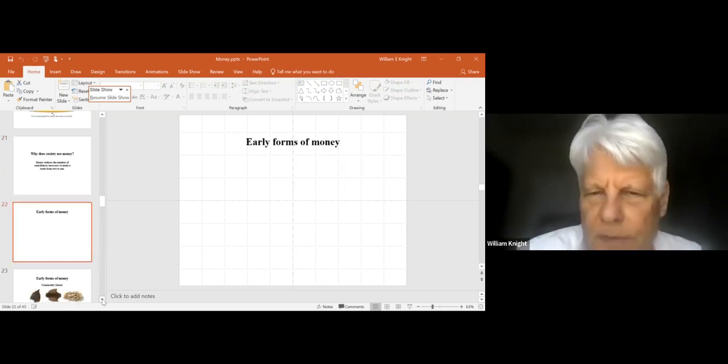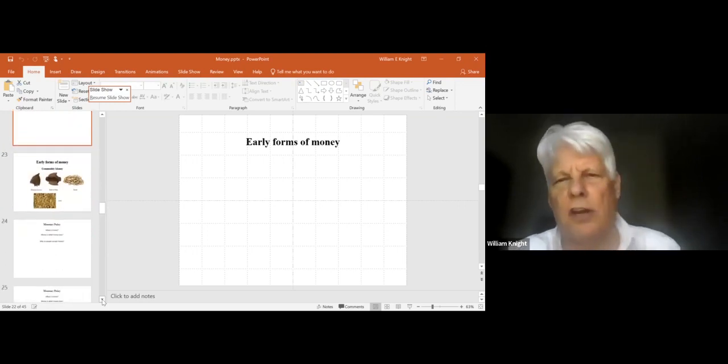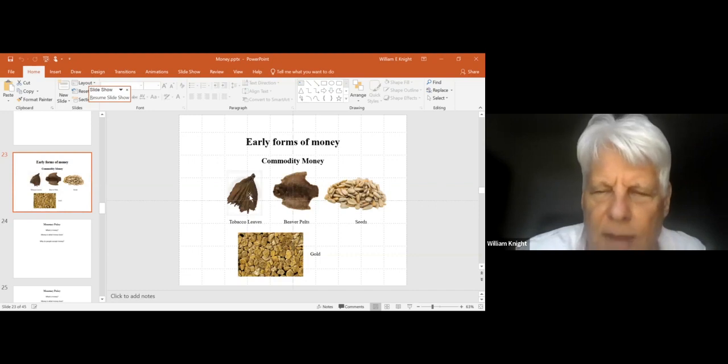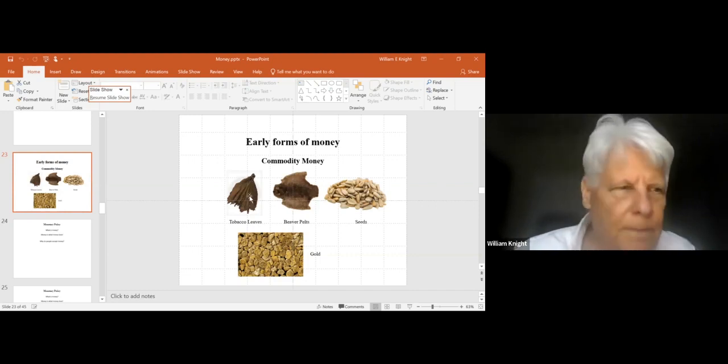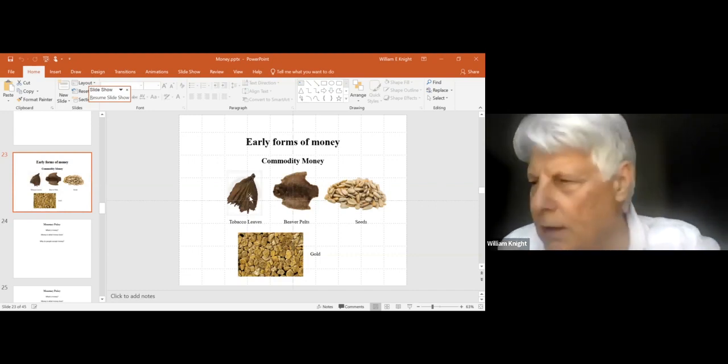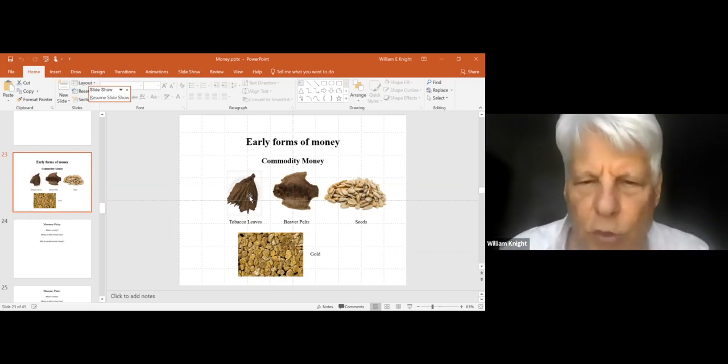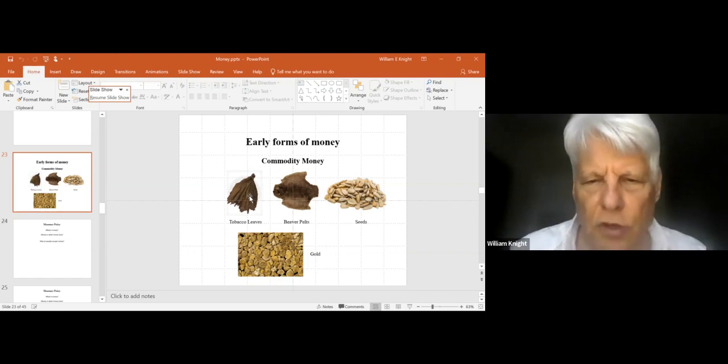Now let's, for the sake of interest, look at early forms of money. As I mentioned to you, particularly in trading with England, American colonists often had to use tobacco leaves to buy manufactured goods from England.